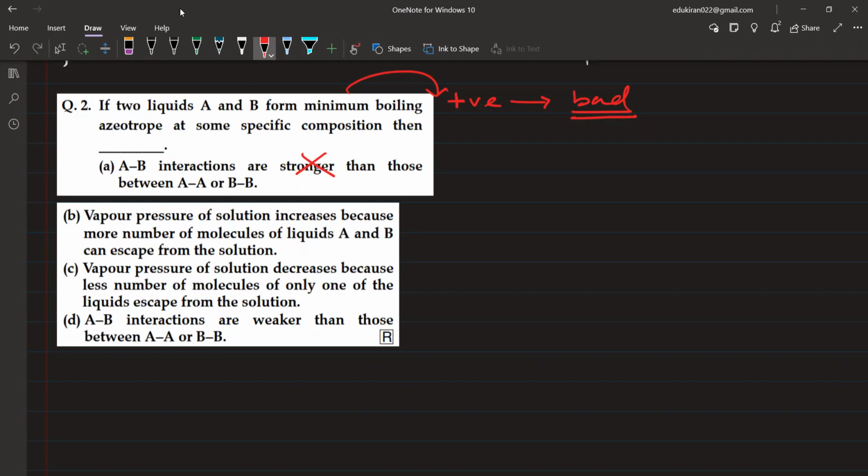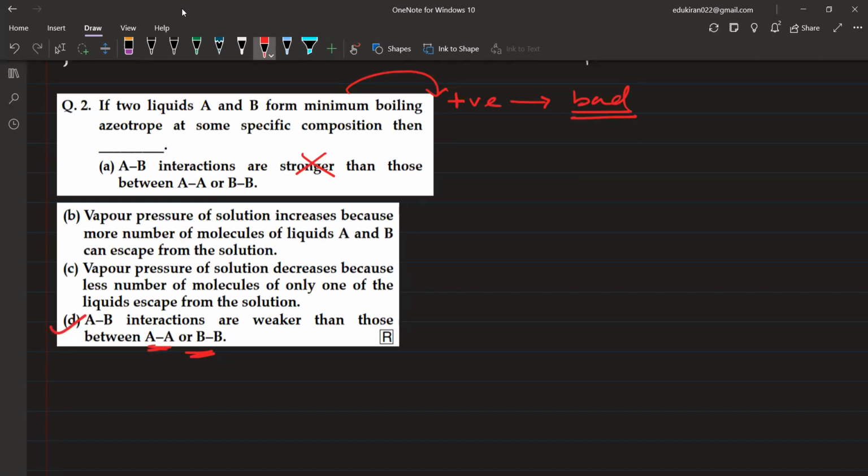Vapor pressure increases because more number of molecules of liquids A and B can escape from the solution. यहाँ पर reason क्या आ जाएगा, A and B interactions are weaker than those of AA and BB. ठीक है, so D option is correct.